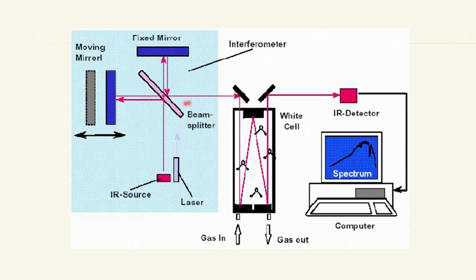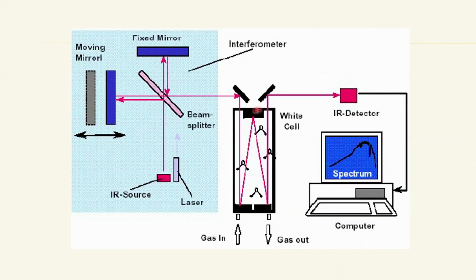Okay. And then they both are combined and I have a mirror here again, maybe a concave mirror, and then it comes down like this and then one more mirror, and then out. This is the sample compartment. There is some gas coming in and gas going out.